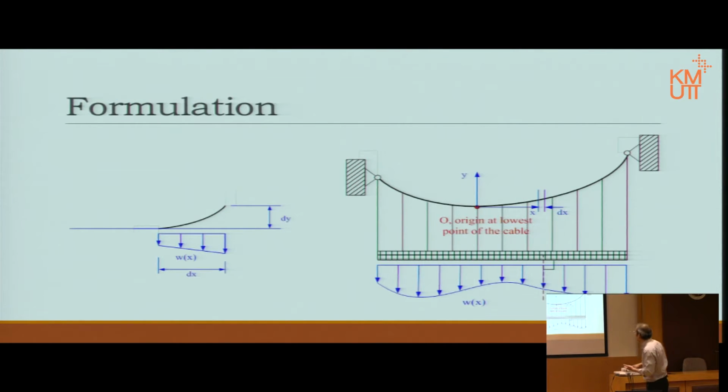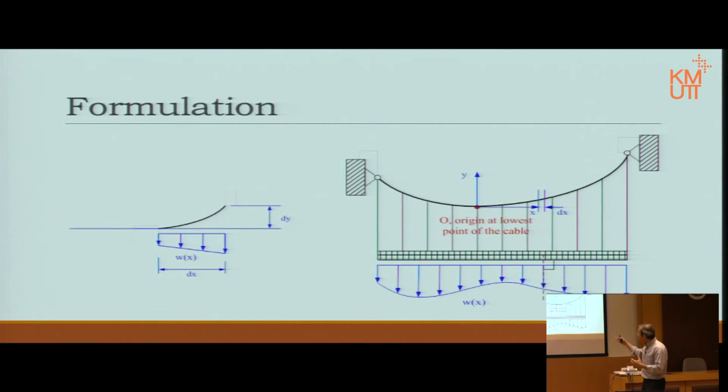So let's see what happens. At the bottom left edge of the cable, it is not horizontal, it's at an angle. That's a small dx. W, however, if x is assumed to be small enough, is assumed to be like a straight line function. So I just draw it straight.